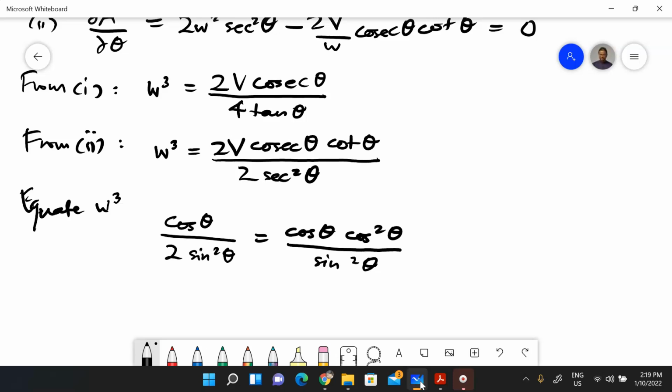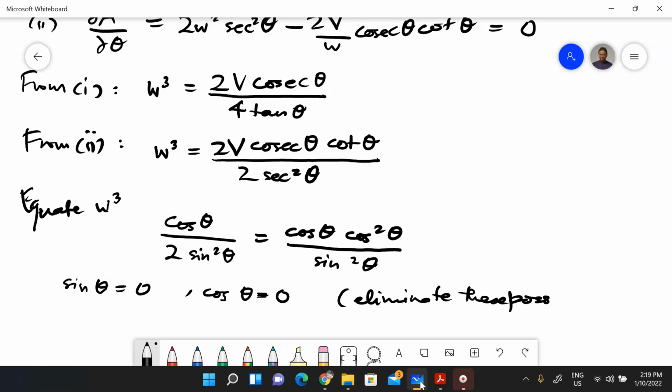One of the solutions that we want to eliminate is when sine theta equals 0 and cos theta equals 0. So we're going to eliminate these possibilities. Why? If you remember, that was theta already, so let me try to draw this. Theta is this angle.